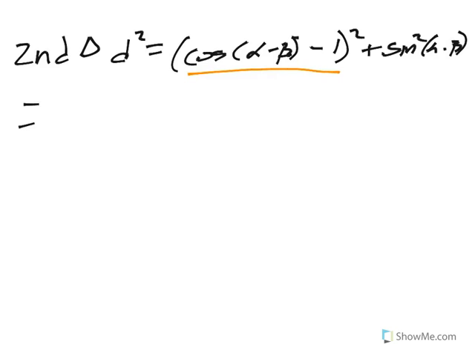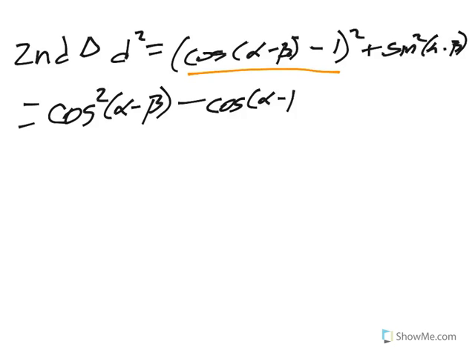The first term is cosine of alpha minus beta times cosine of alpha minus beta, which is cosine squared of alpha minus beta. Then my outer term is negative 1 times cosine of alpha minus beta, and my inner term is exactly the same thing, negative 1 times cosine of alpha minus beta. And my last is negative 1 times negative 1.